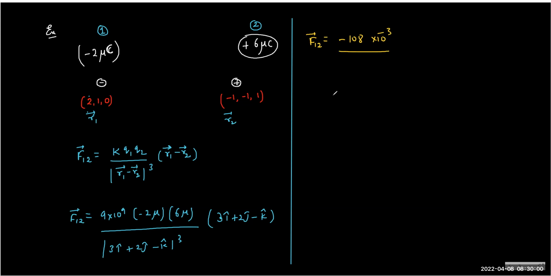Now the modulus of this is interesting. So 3 square plus 2 square plus 1 square, 9 plus 4 plus 1 is 14. So root 14 whole cube. The modulus of the vector is root 14, and then we have the whole cube. And then we have 3 i cap plus 2 j cap minus k cap. We can further simplify: 108 times 10 power minus 3 over 14 root 14.